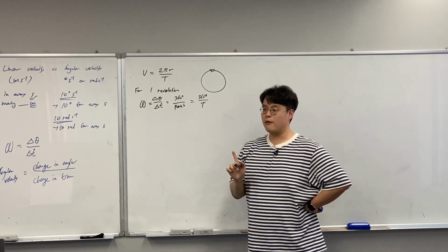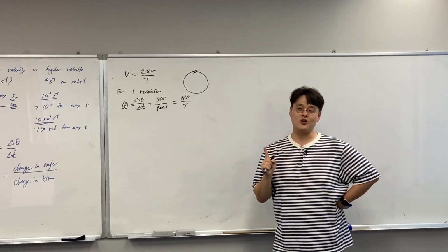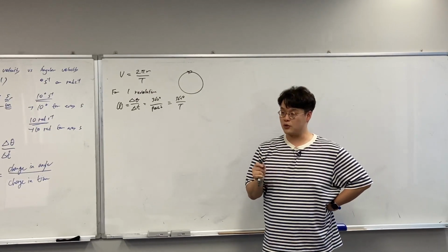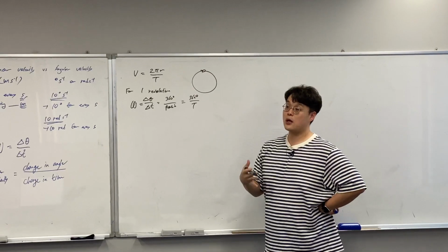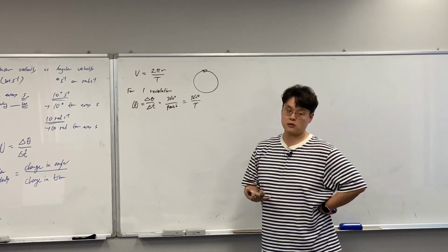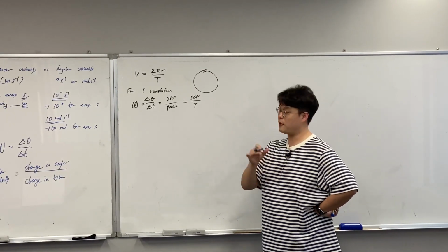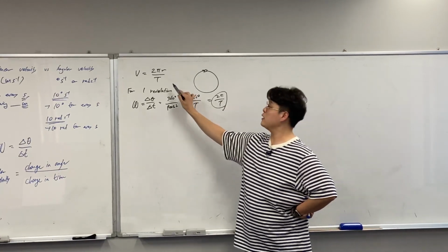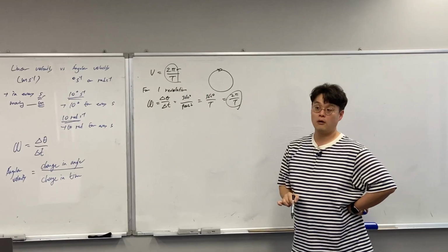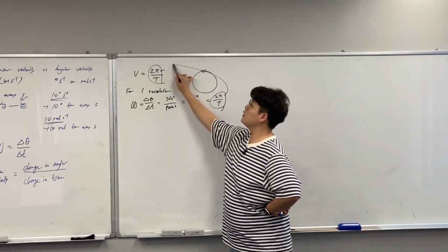But if you have learned in mathematics, we do not use degrees for circular motion or circular geometry. We rather use the radian. So 360 degrees in radians is 2 pi. Can I just substitute back in here?